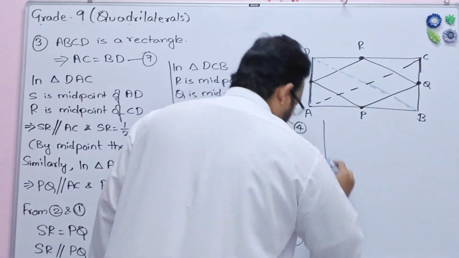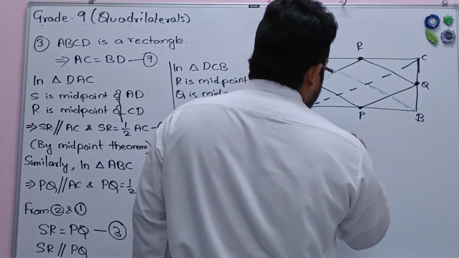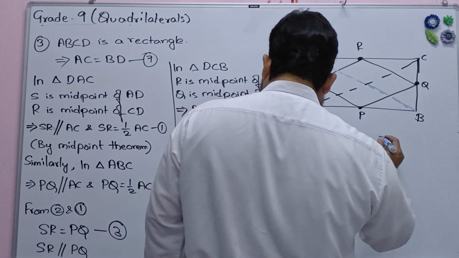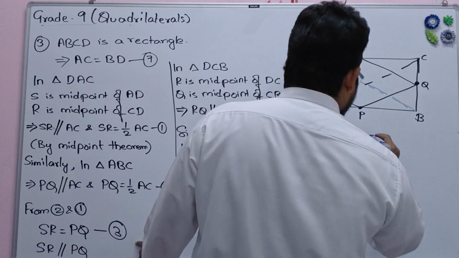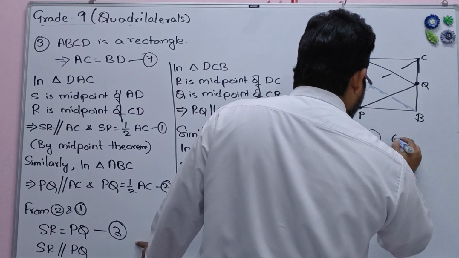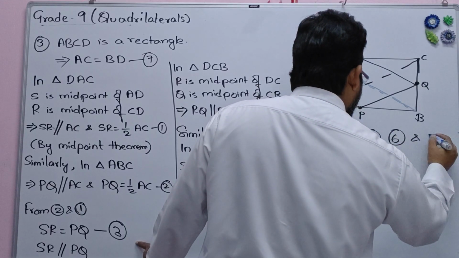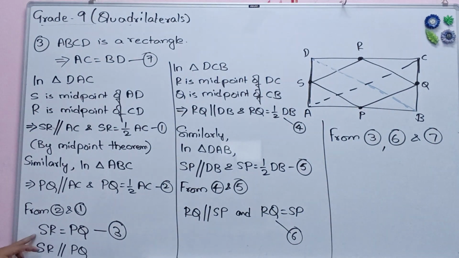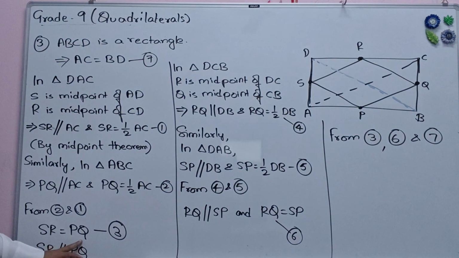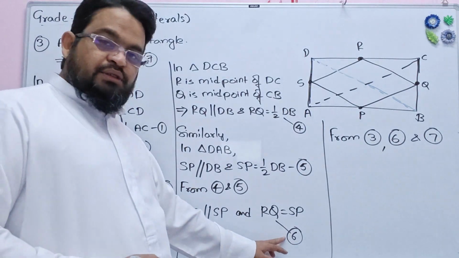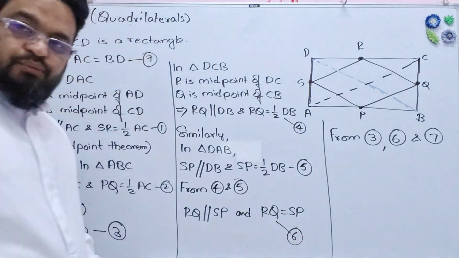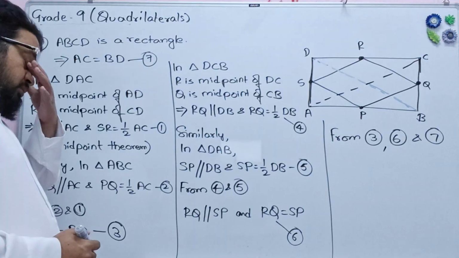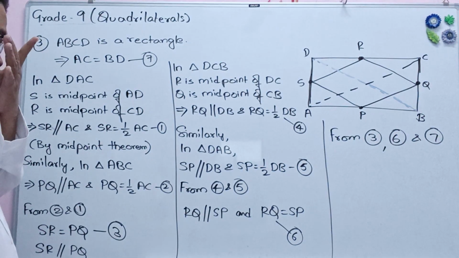From the third, sixth and seventh equation. So in the third equation, what do you have? SR is equal to PQ. And from the sixth equation, RQ is equal to SP.